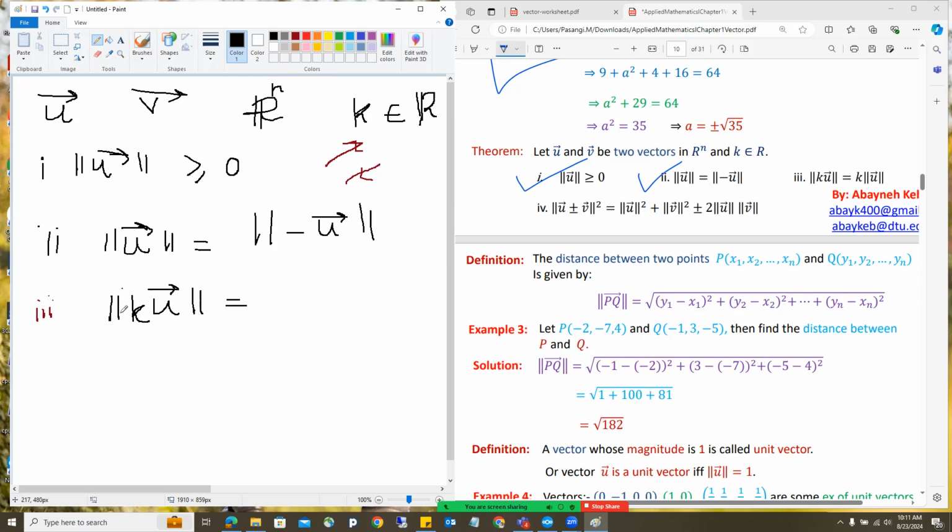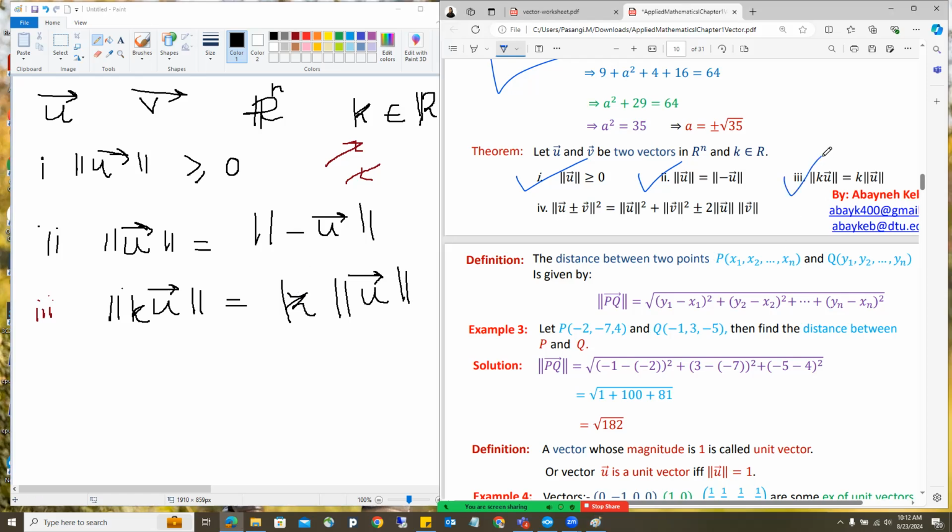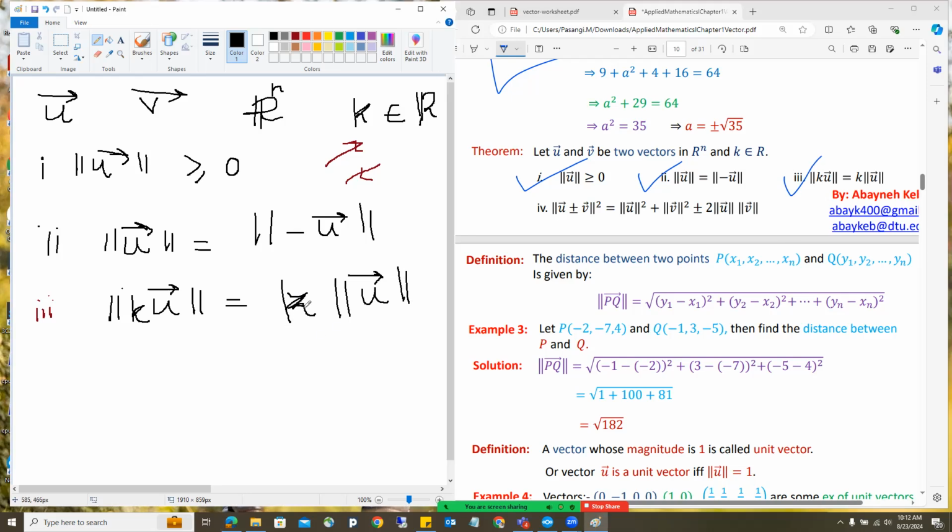The magnitude of this entire ku vector is equal to k times the magnitude of this given vector u. First, we can find out the magnitude of the vector and then we can multiply it by the k constant. That's what here we have as the third component. Here we have the k constant. K is any kind of real number.